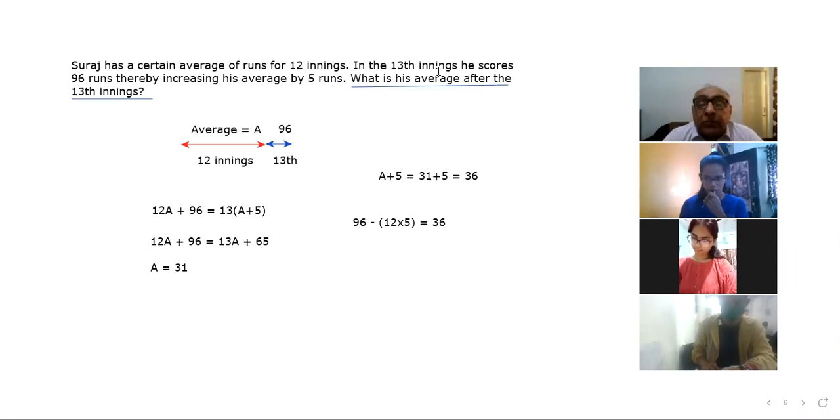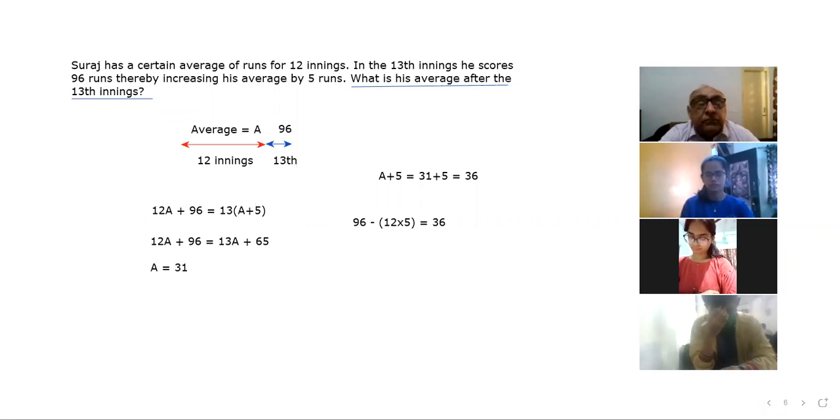The next thing, beta, is that it is given in this question that his average has increased by 5 runs.